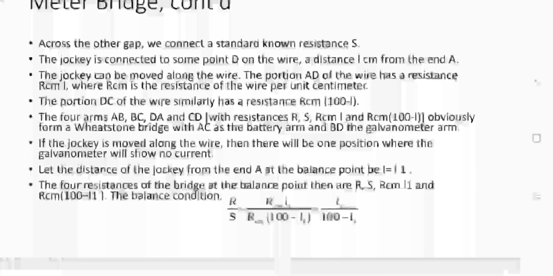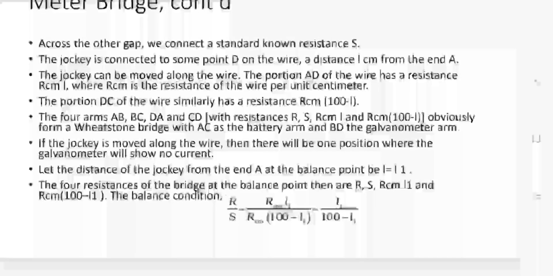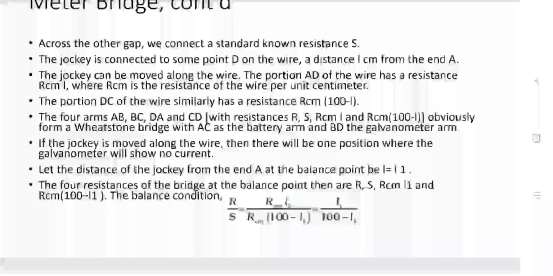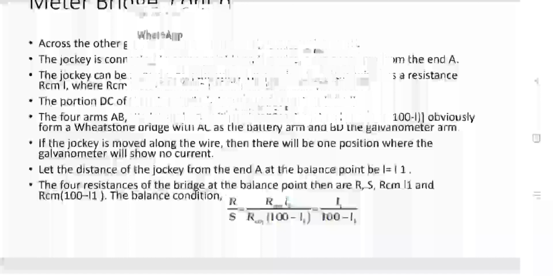Why? Because the 2 diagonal points A and C have a cell battery connection, and the opposite points B and D have a galvanometer. Now we try to get that no current flows through the galvanometer. For that, we are moving a jockey over the wire. So point D is moved slightly, generally around the middle point.